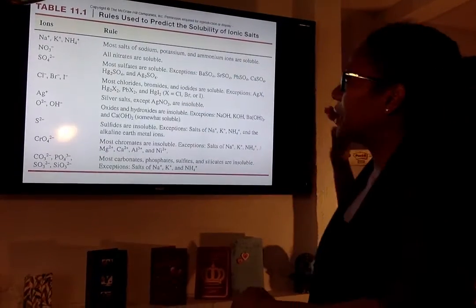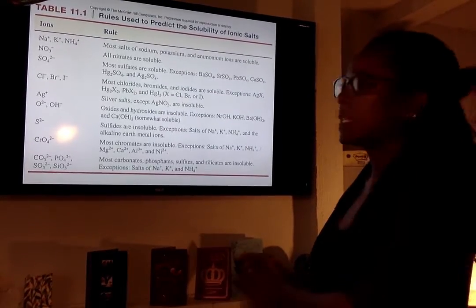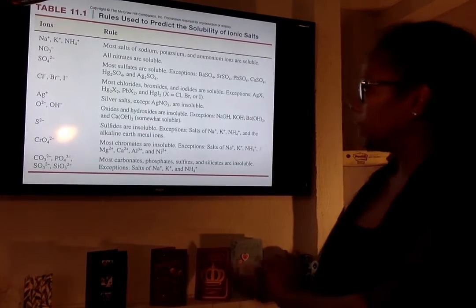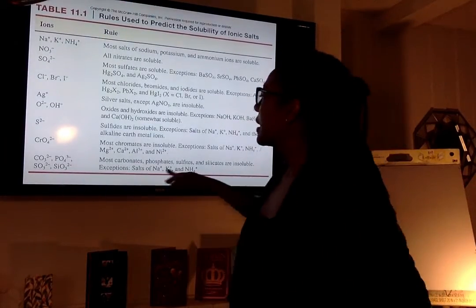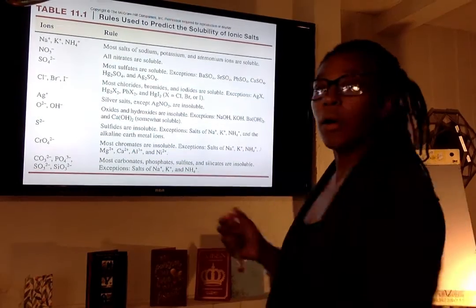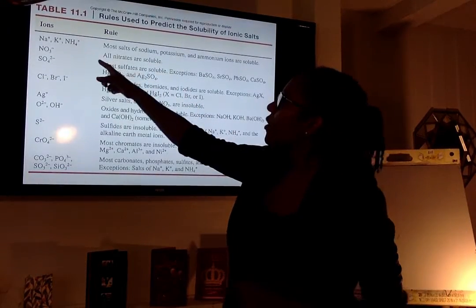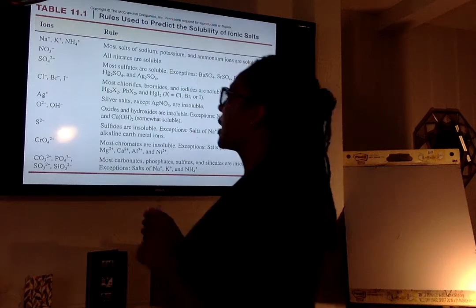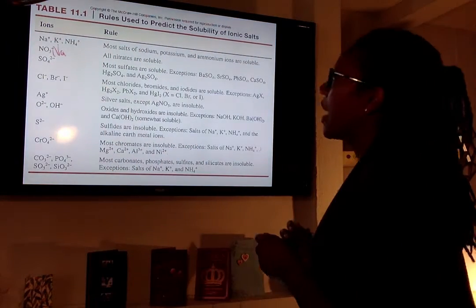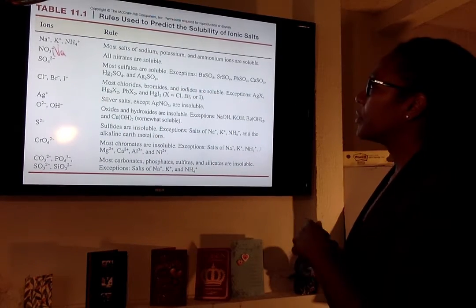Okay, so remember this chart, right? You guys just used this in your exam. These are the rules to predict solubility. This is not a concept that's totally foreign; we talked about solubility before. These are the things that are able to dissociate completely in a liquid. For instance, all nitrates are able to dissociate. So if you had NaNO3, that would completely dissociate because all nitrates are soluble.